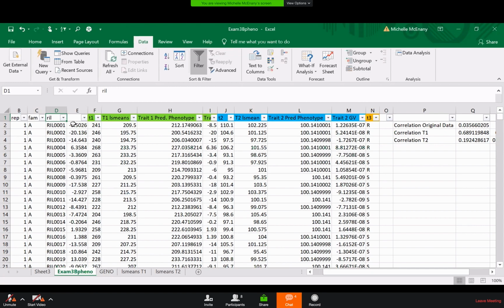So I'm moving stuff into one spreadsheet, so it's just less confusing. Here, let me. No. Pheno for trait 1.